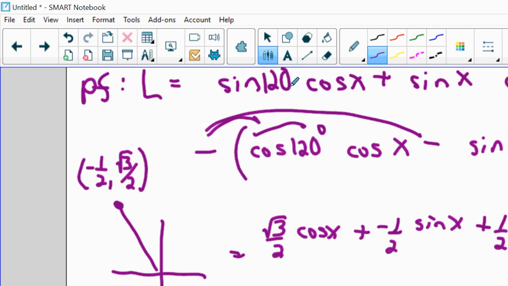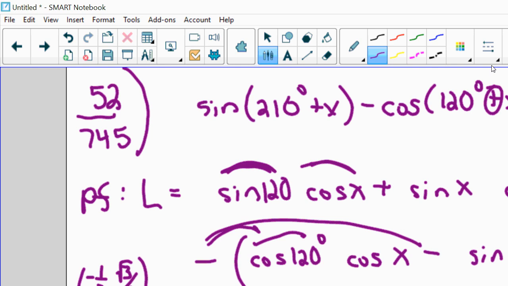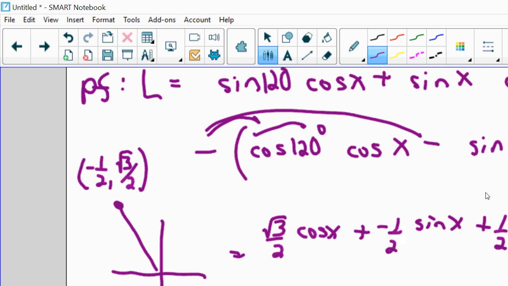And double negative, sine 120 is positive, square root of 3 over 2 sine x. This is not working out. I will look at it later. I don't want a whole bunch of time. So that was problem 52, page 745. They're claiming it's an identity, which is looking like it's not. It doesn't look like they're identical, unless you guys see an obvious mistake.